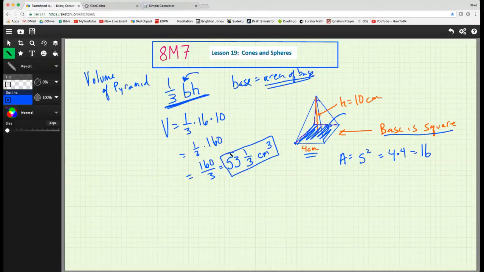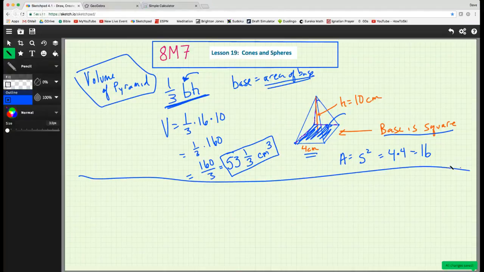So that's volume of a pyramid. Sometimes a pyramid, let's just do another one. Just in case, pyramids don't always have to have square bases. Sometimes you might see one with a triangular base, like this.